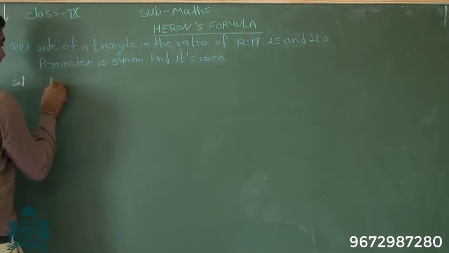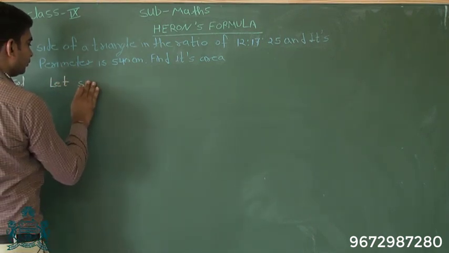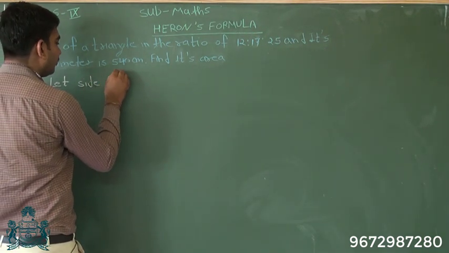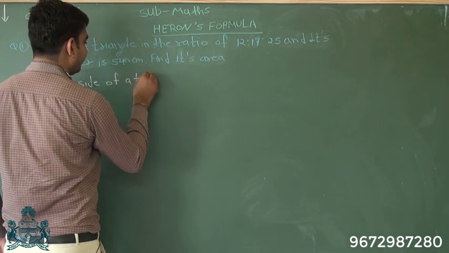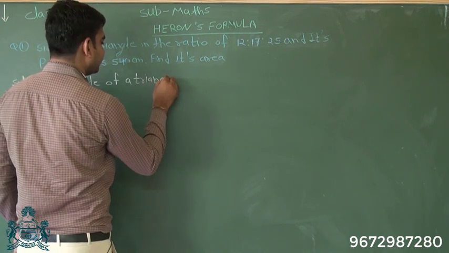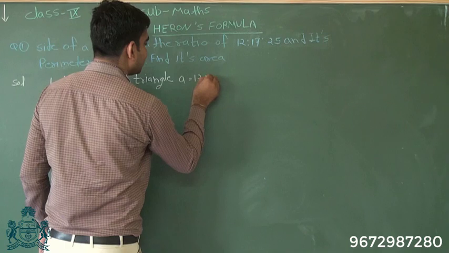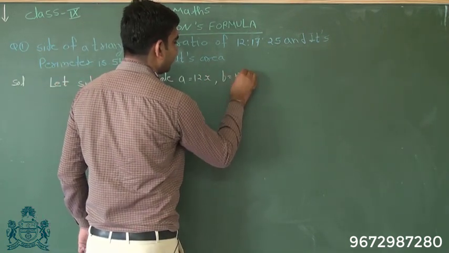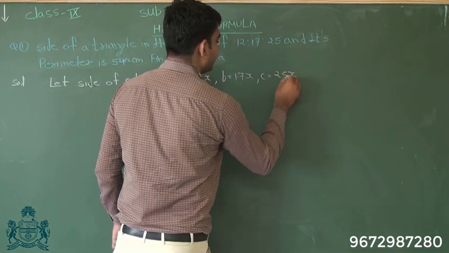Solution: let the sides of the triangle be a equal to 12x, b equal to 17x and c equal to 25x.